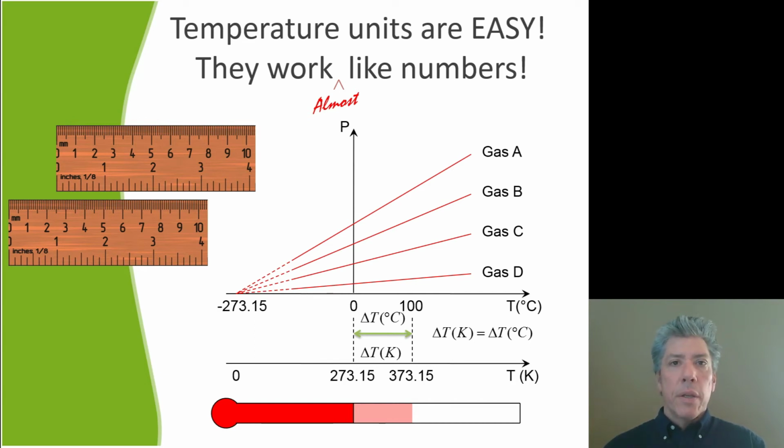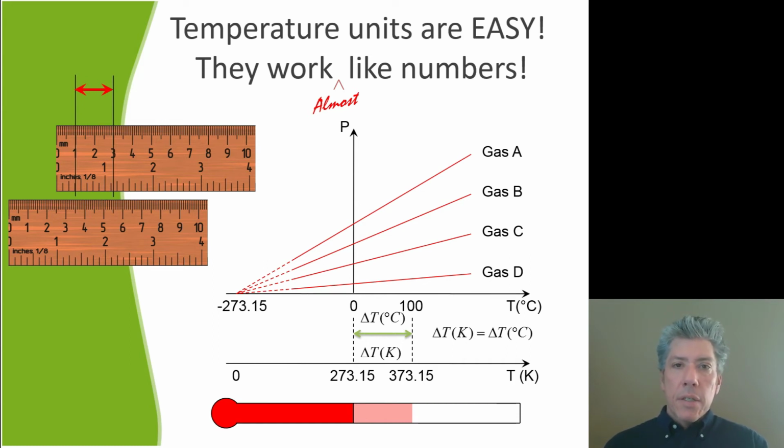The difference between those two is 100 units difference. Now, on the Kelvin scale, we don't say degrees. We don't say degrees Kelvin, we just say Kelvin. So there's 100 Kelvin difference between the freezing and boiling point of water on the Kelvin scale, just as there are 100 degrees difference on the Celsius scale.